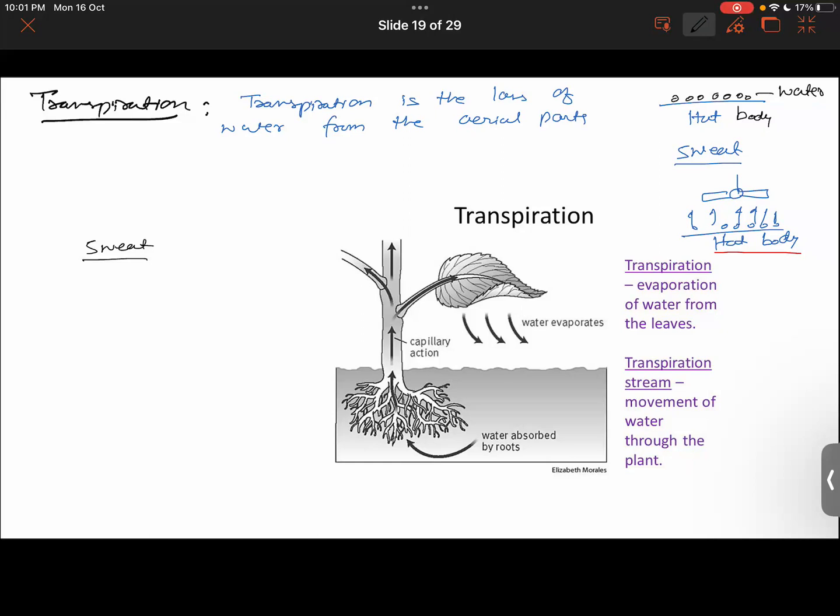By air, I basically mean that which is not submerged under the ground. So basically we are talking about the shoot system, right? So it is the loss of water from aerial parts of the plant, especially the leaves. Getting it?